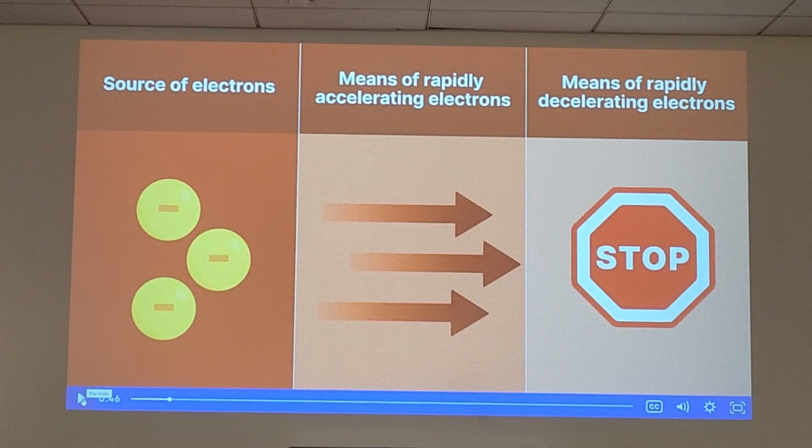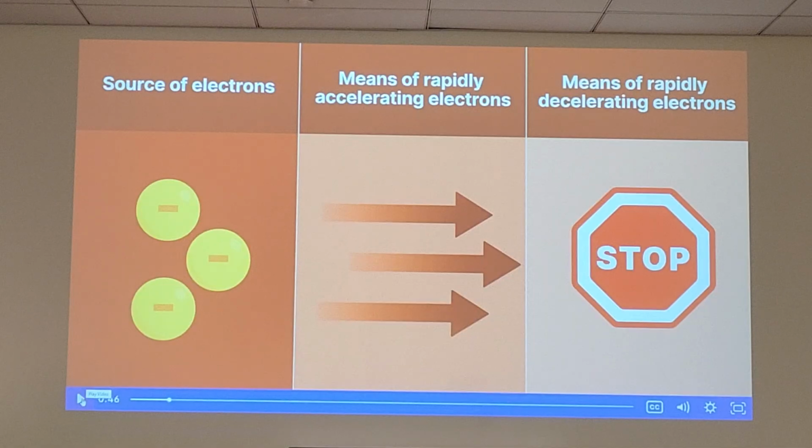Here's the 1, 2, 3s of X-ray. We need a source of electrons. We need the means of rapidly accelerating those electrons. And then we need to abruptly stop those electrons.